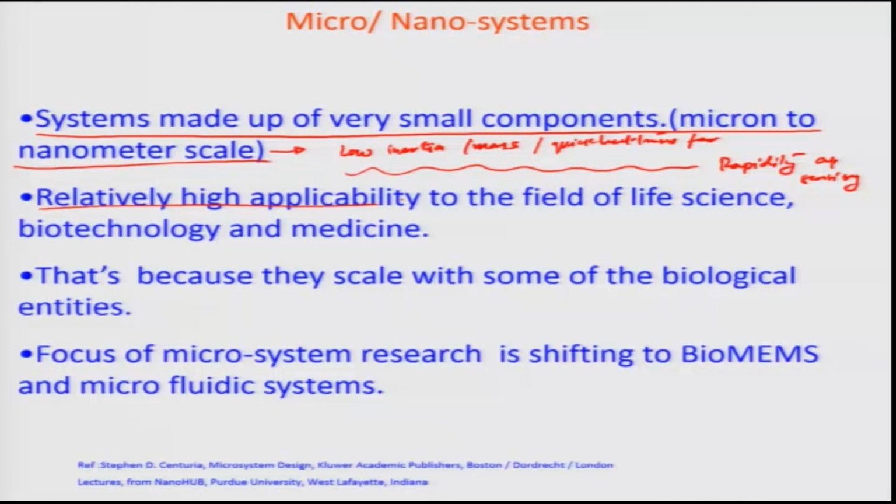There is a relatively high applicability of these sensors to the field of life sciences, diagnostics, medicine and biotechnology, and therefore there is another term coupled with MEMS, which is bio-MEMS or biological MEMS, which talks about how aspects of the human body, and how they are affected through attack from external organisms, can quickly be detected using small platforms.